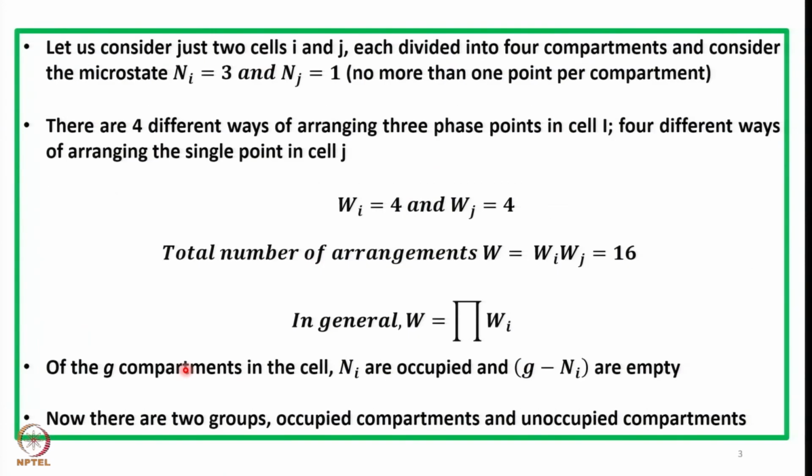Therefore, now consider just 2 cells, I and J, as we usually do, each divided into 4 compartments.